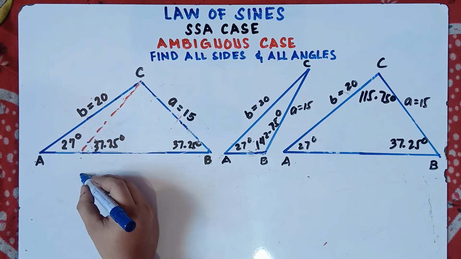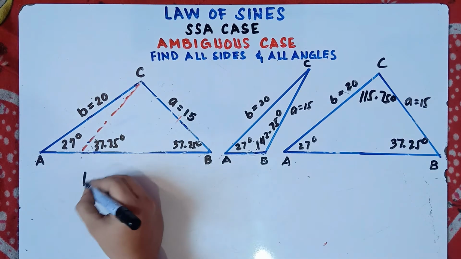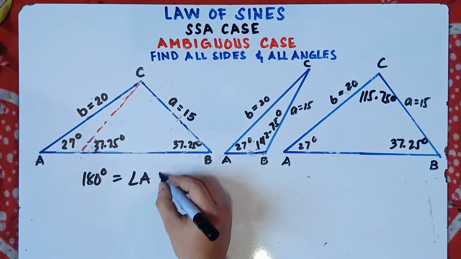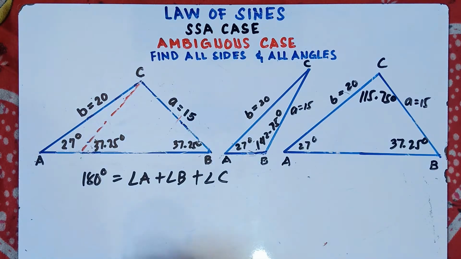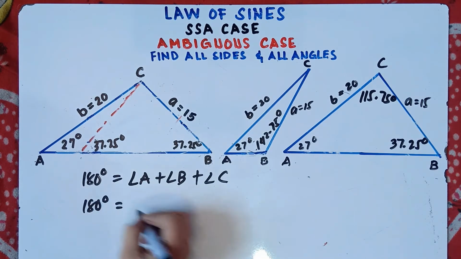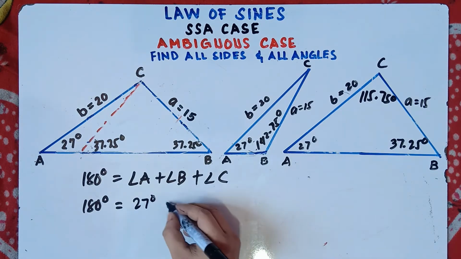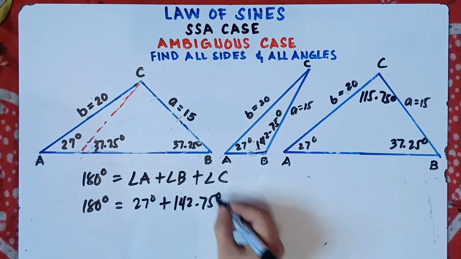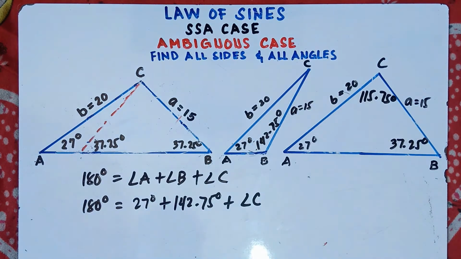So 180 degrees equals angle A plus angle B plus angle C. So 180 degrees equals angle A is 27 degrees plus angle B, that's 142.75 degrees, plus we don't have angle C for the small triangle.